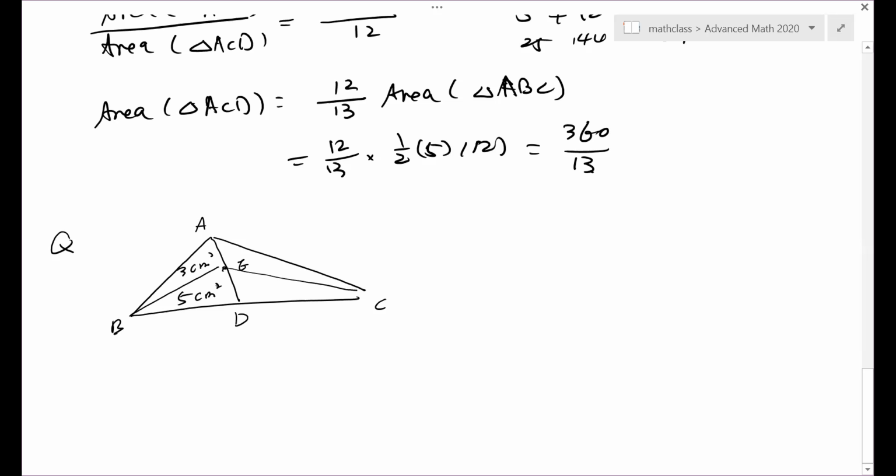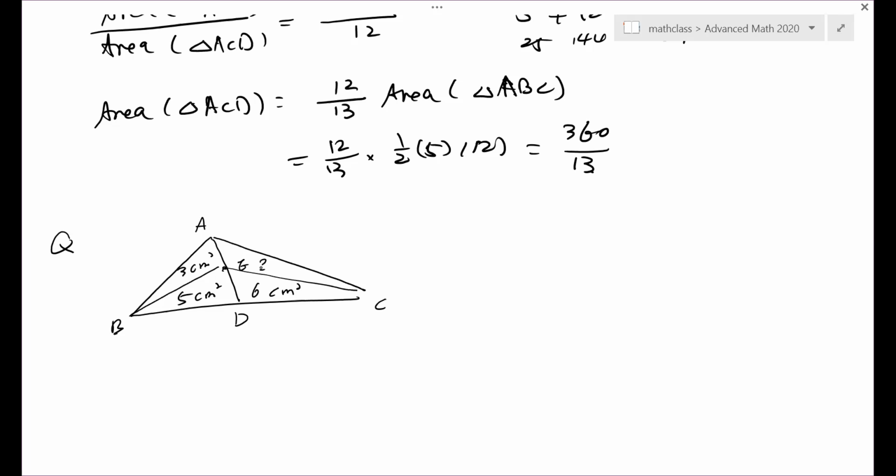We also have ACE, which is going to be 6 square centimeters. So we want to find the area of the triangle. No sides are given, so you don't know the exact value of any sides of the triangle.